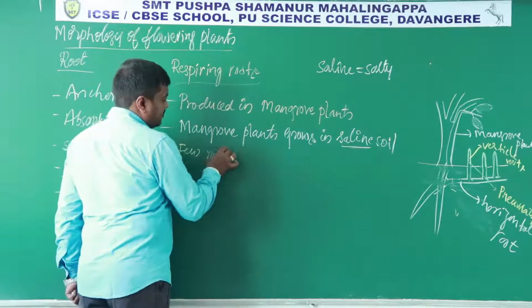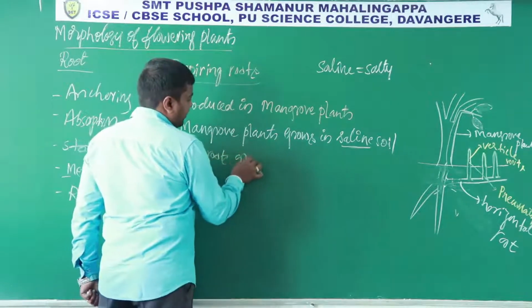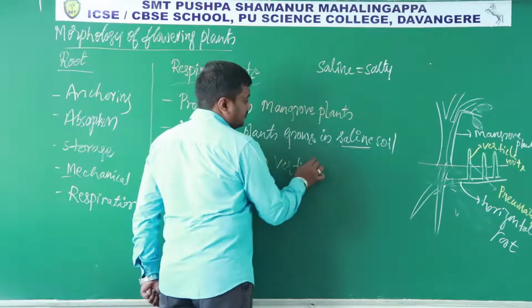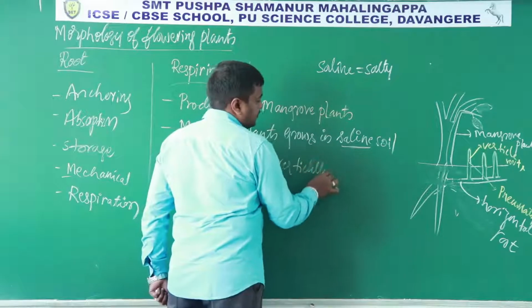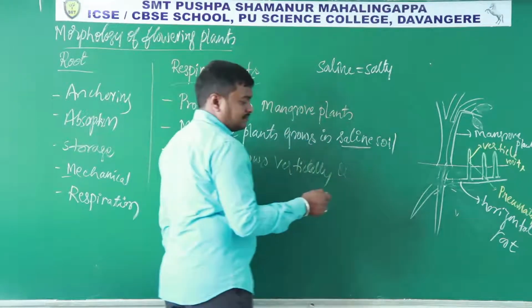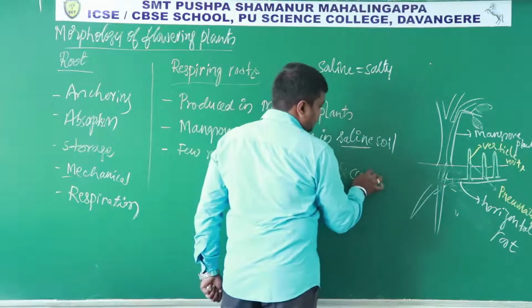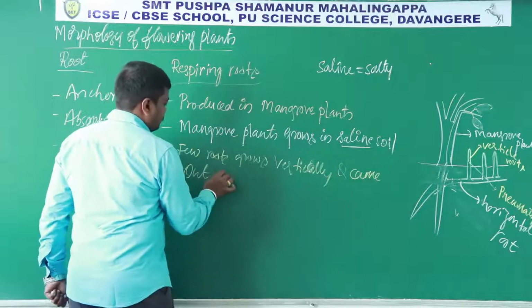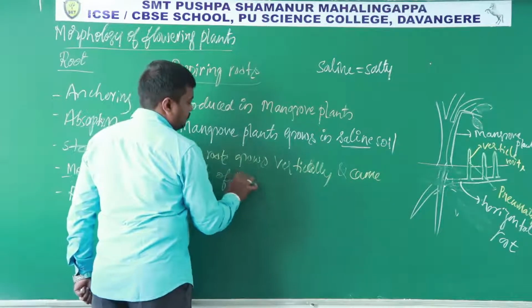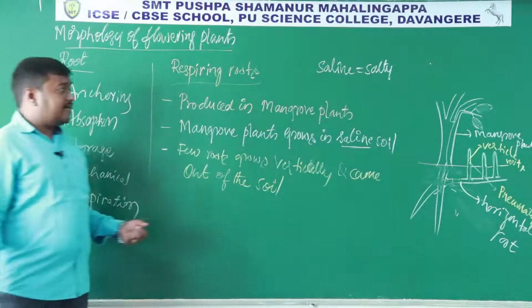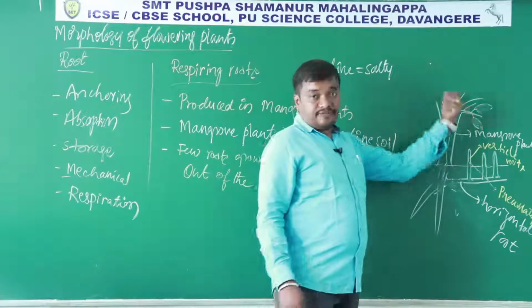So in the saline soil, a few roots grow vertically and come out of the soil. So vertically grow ಆಗ್ತವೆ and they come out of the soil.